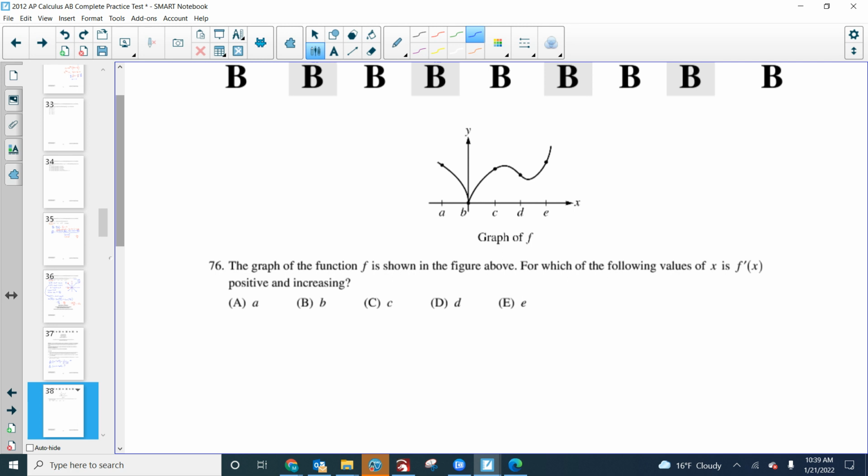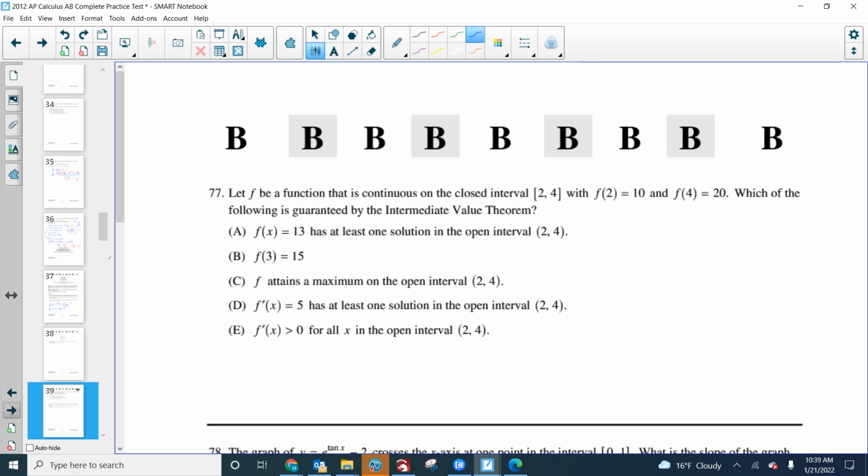If f prime crosses through the x-axis, positive to negative, f must have had a maximum value at that x-intercept. That's the kind of thing they're going to ask. All right, you guys did well. We're not going to talk about it. All right, 77. You guys did awesome. 78. All right, 42%.